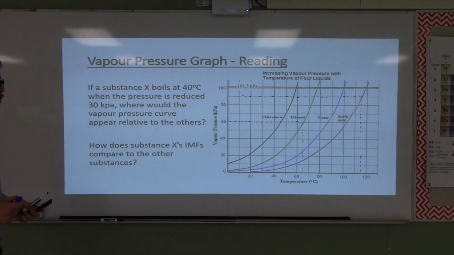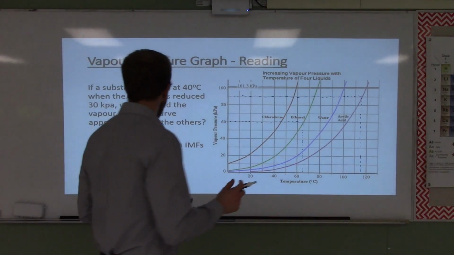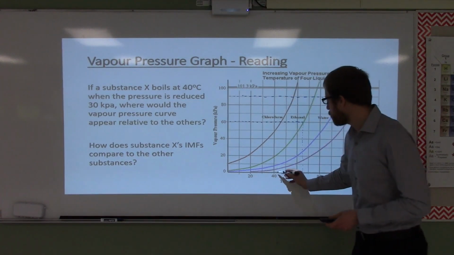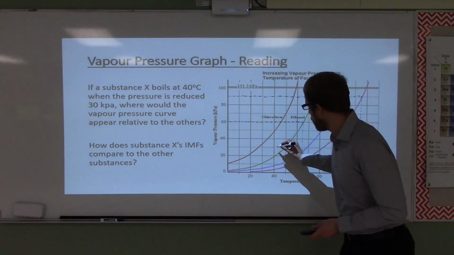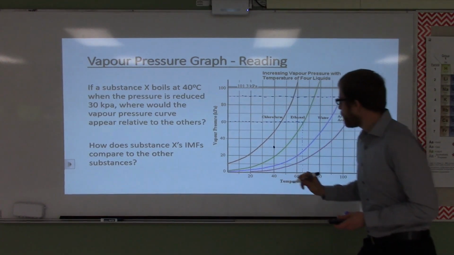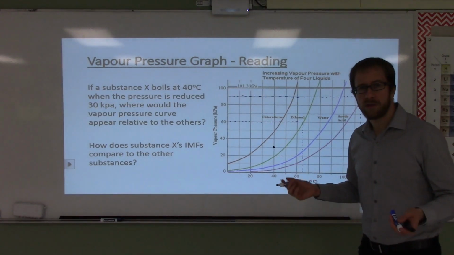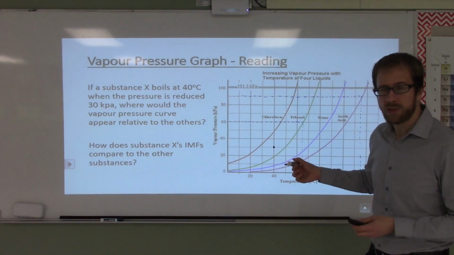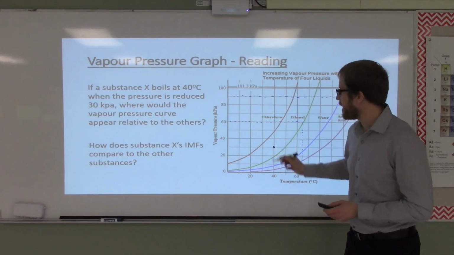Where would the vapor pressure curve appear relative to the others? So our substance here, at 40 degrees Celsius and 30 kilopascals, which is right here, our substance boils. And remember, when it boils, vapor pressure is equal to atmospheric pressure. Therefore, it's boiling when the vapor pressure is this.